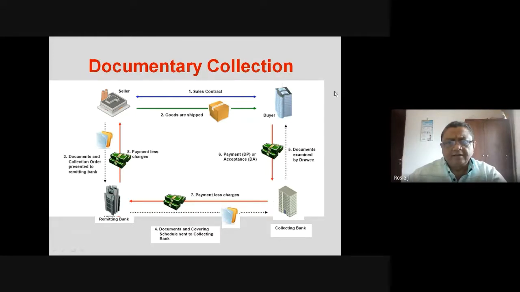Those three documents will be with the bank. The bank will call and tell him there's a bill of $100,000, and he says he doesn't want it. So the BL, the invoice, and the certificate of origin are held with us. What to do? But remember, in open account, the risk is higher.